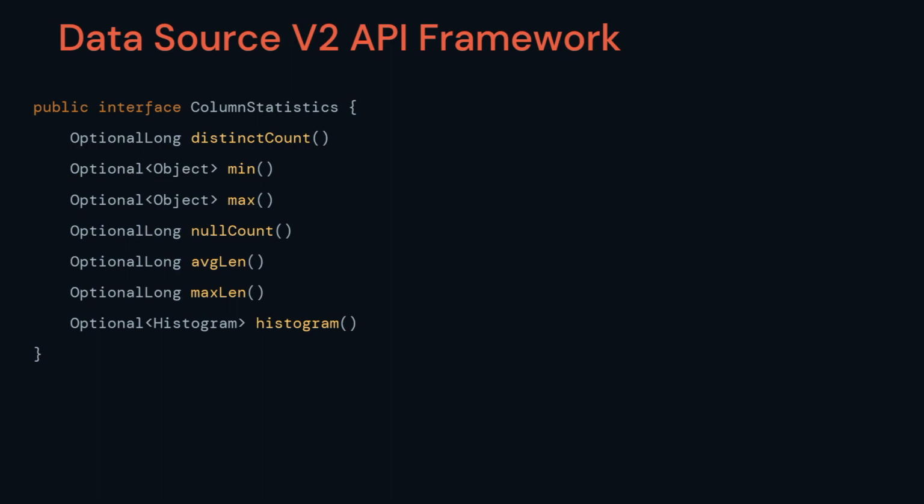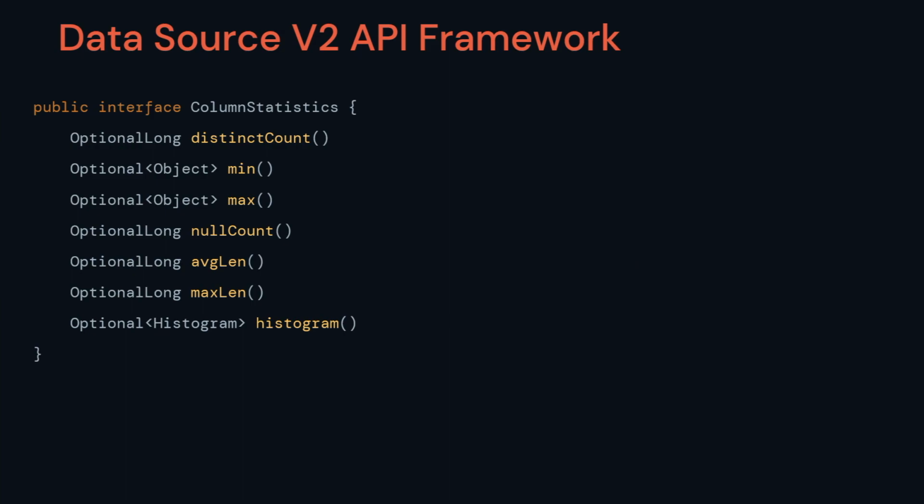Basically, in this API, we collected the distinct count. We collected the mean, max, and also the null count. We also collected the average length, the max length, and also the histogram. So for V2 data source, if it wants to use cost-based optimization, it will need to implement this interface.